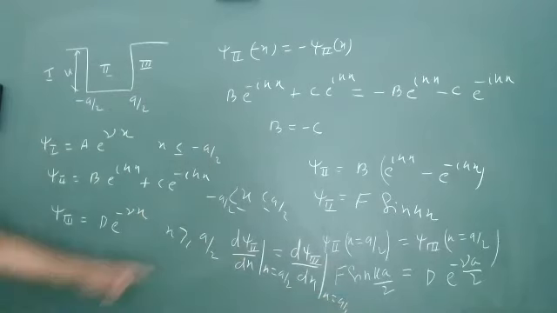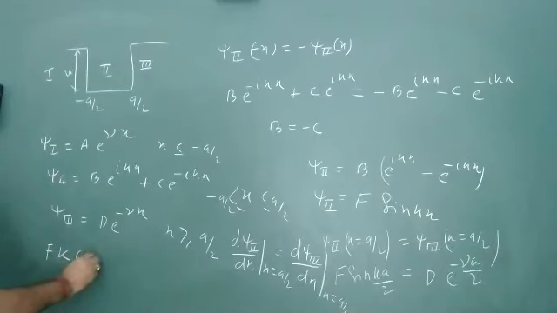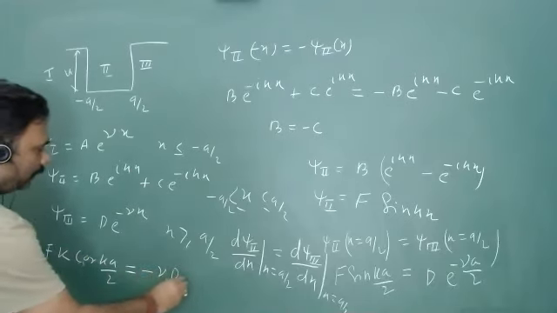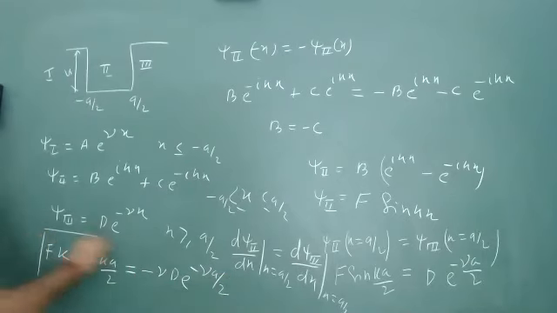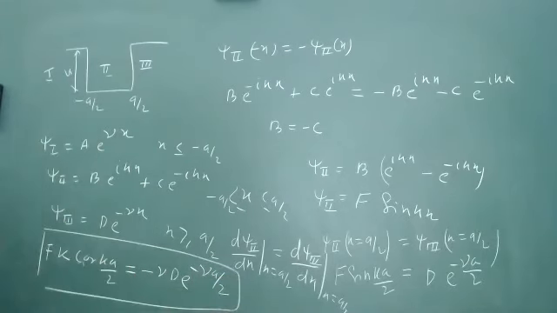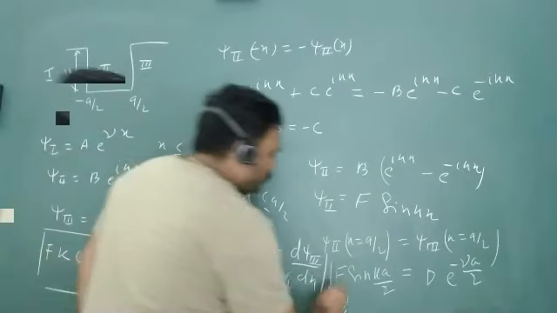First you have to differentiate, then write the value. So this will be F k cos ka by 2 equal to minus gamma D e to the power minus gamma a by 2. So you have this equation, and the first equation is this one.